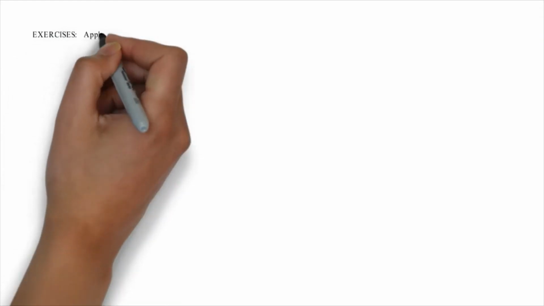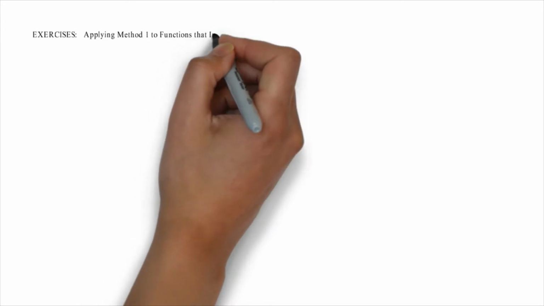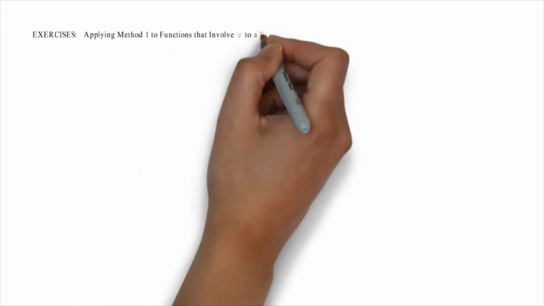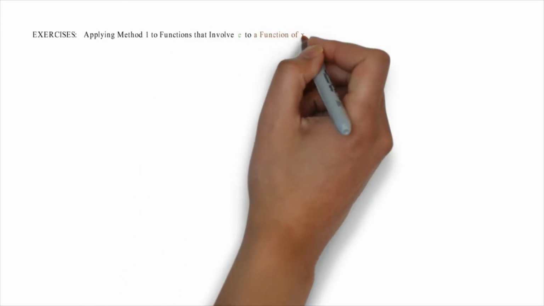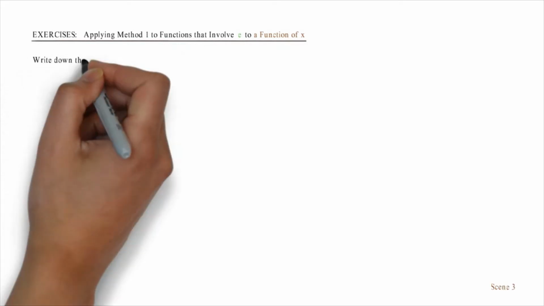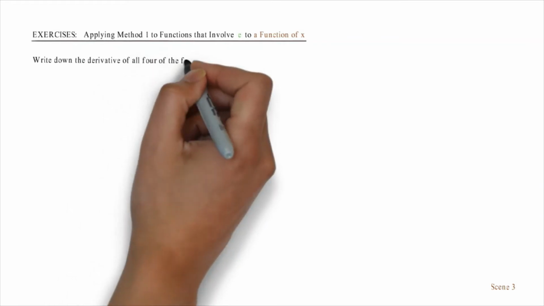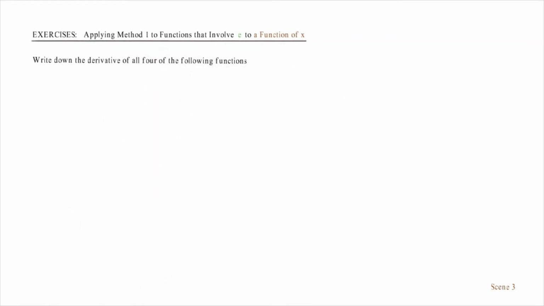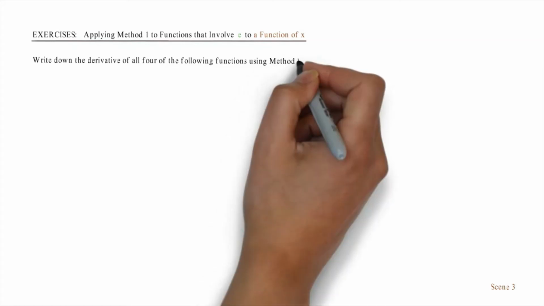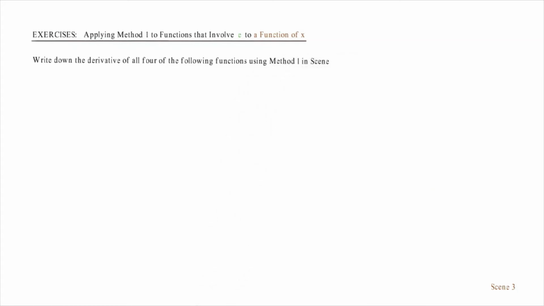Exercises. Applying method 1 to functions that involve e to a function of x. Write down the derivative of all four of the following functions using method 1 in scene 2.